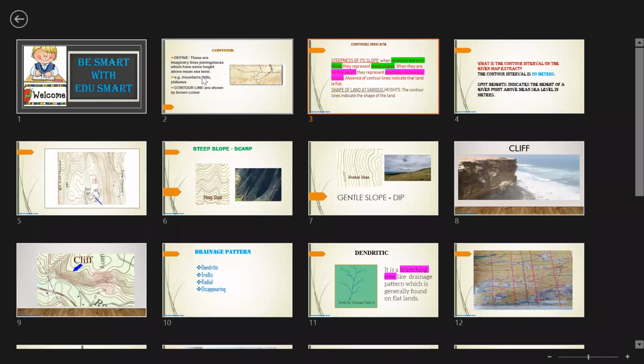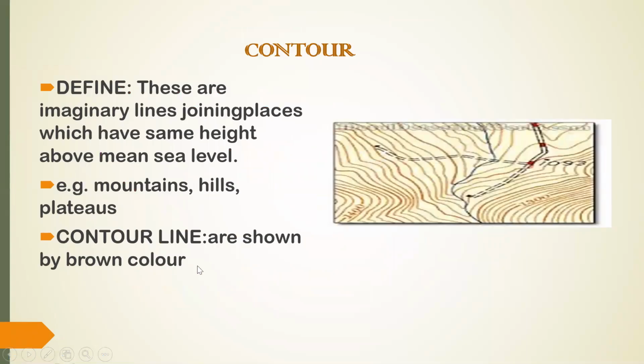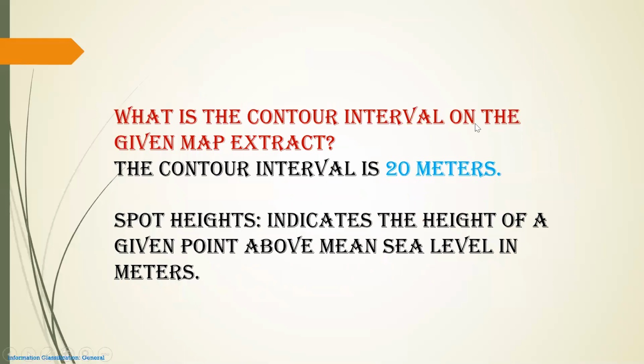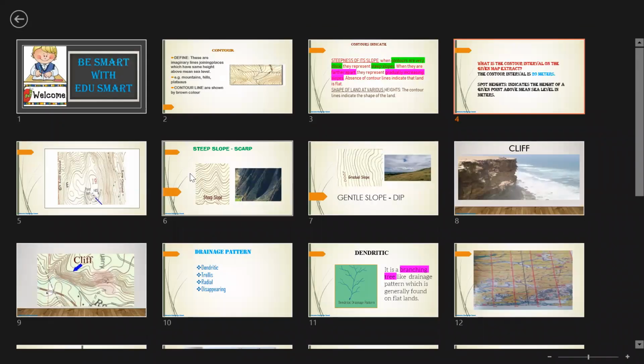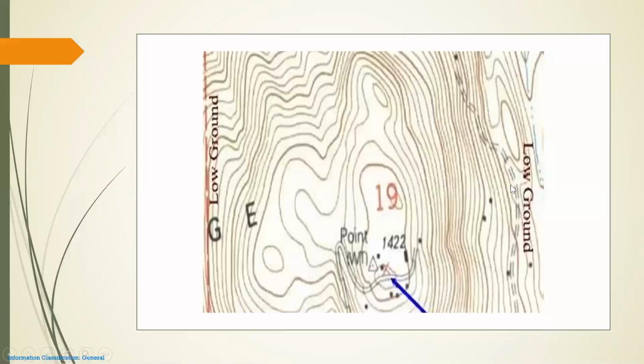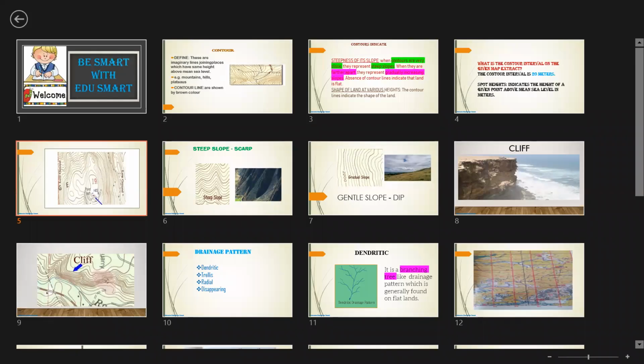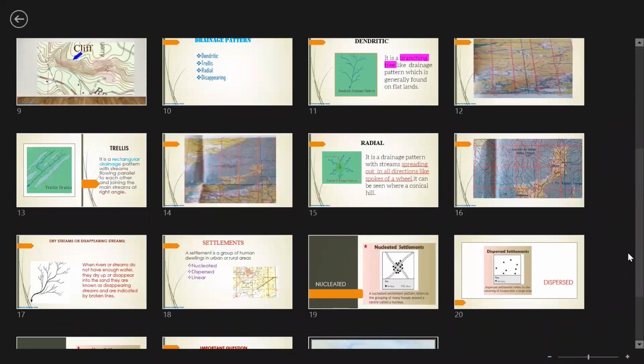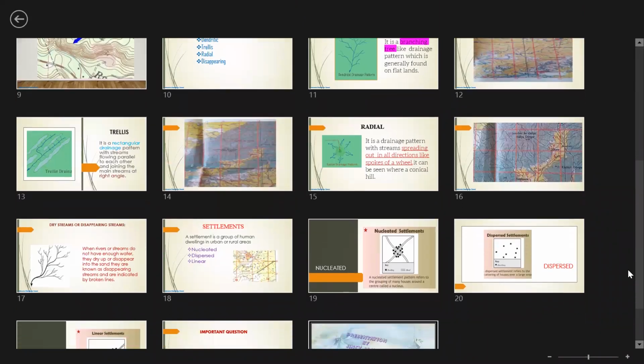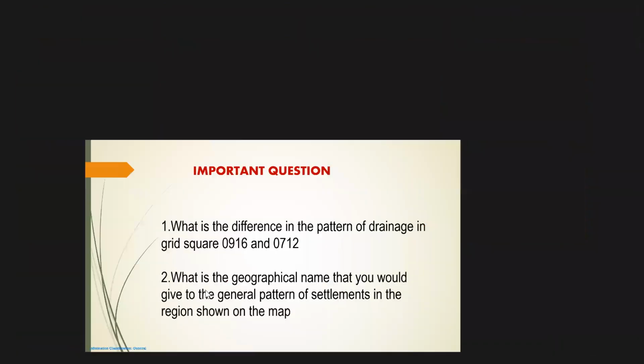Contour lines are always shown in brown color in your topographical sheets, and the general interval given in our topo sheets is 20 meters. By using these contour patterns, you can identify different types of landforms also.